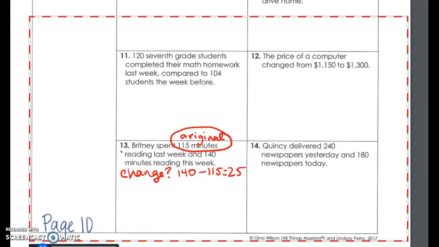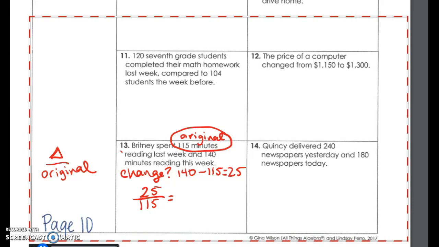Good job. So now we're going to set up the change, delta, divided by original. That's the formula we're using. So 25 divided by what happened first, the 115.